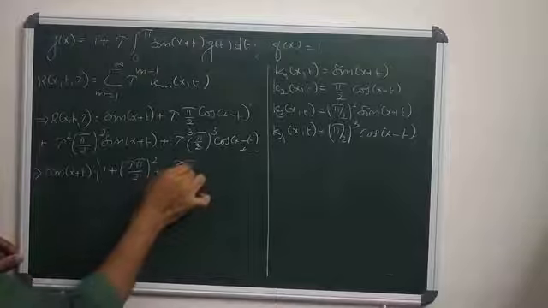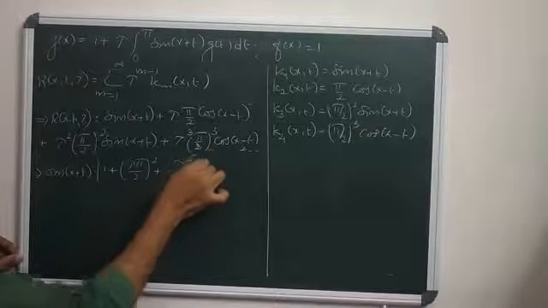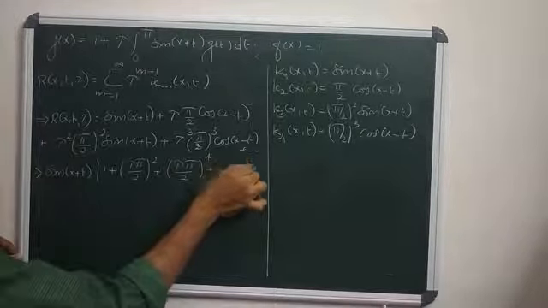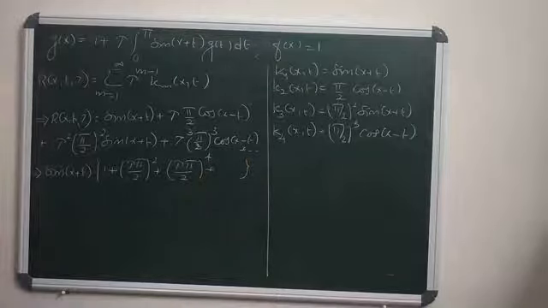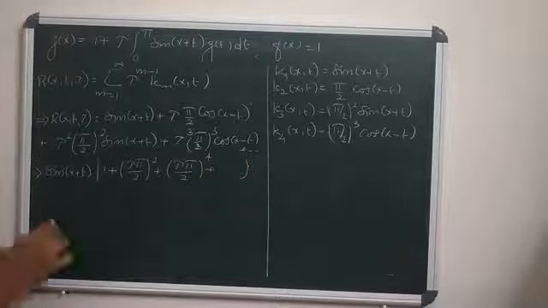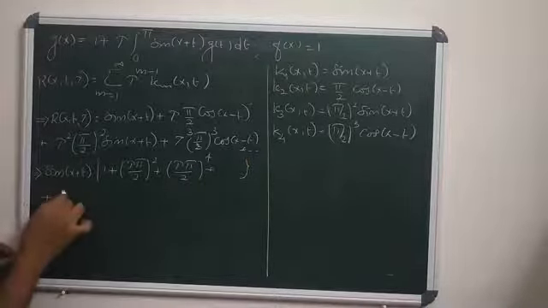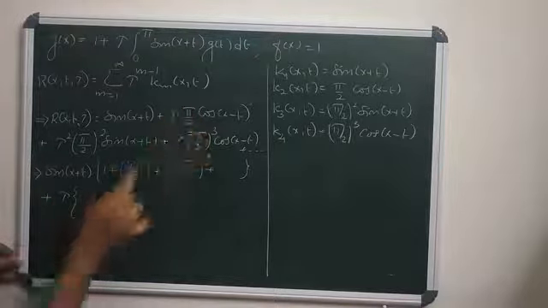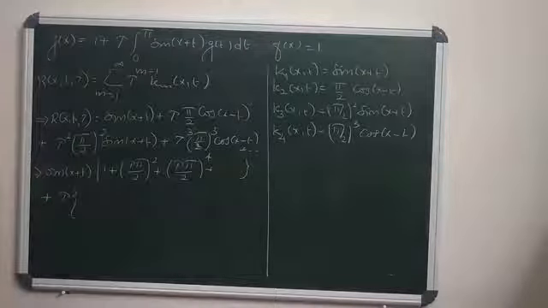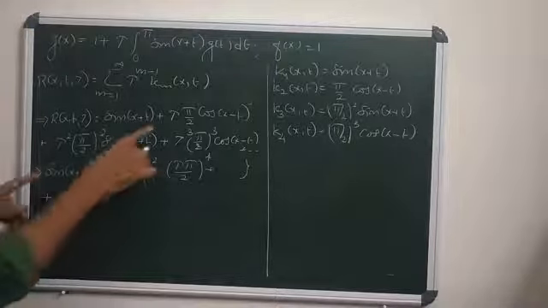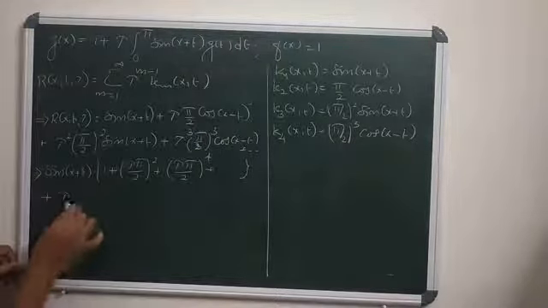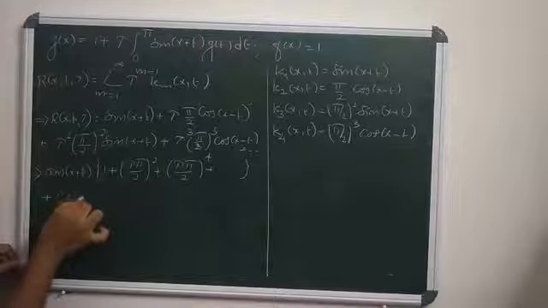Surely the next term is (λπ/2)⁴ plus etc. Plus then the next term, λ π/2 cos(x−t), where λπ/2 cos(x−t) is common.